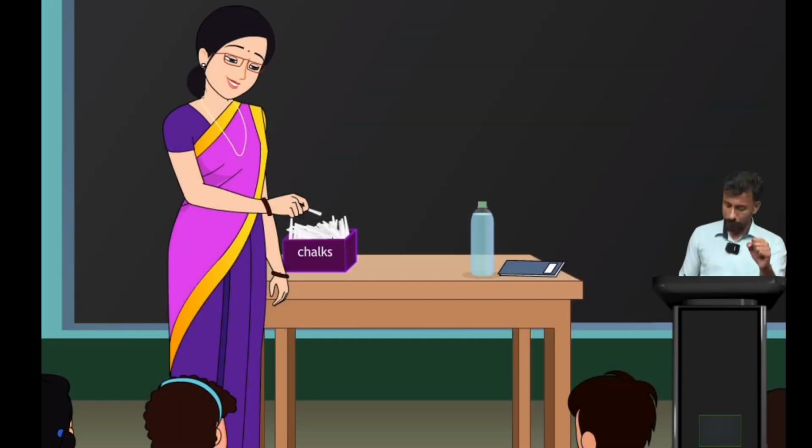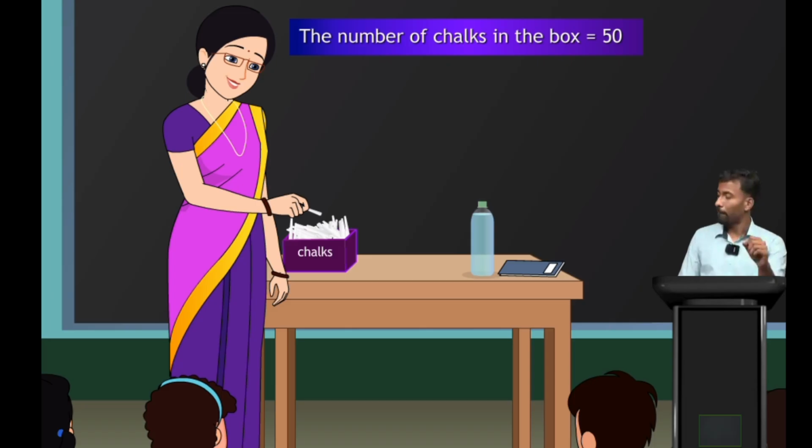So now look, what is the question? Firstly, we are given that the number of chalks in the box equals 50. So we know how many chalks are in the box.